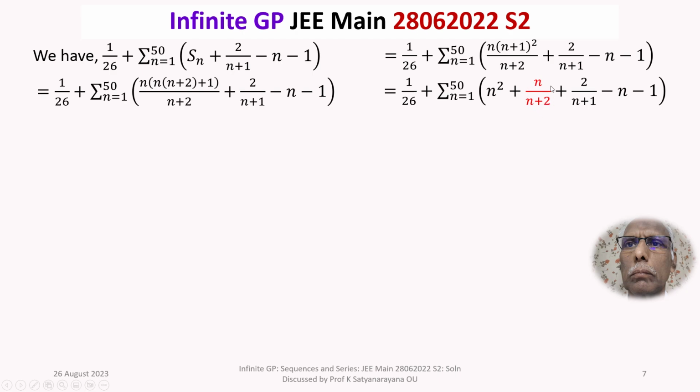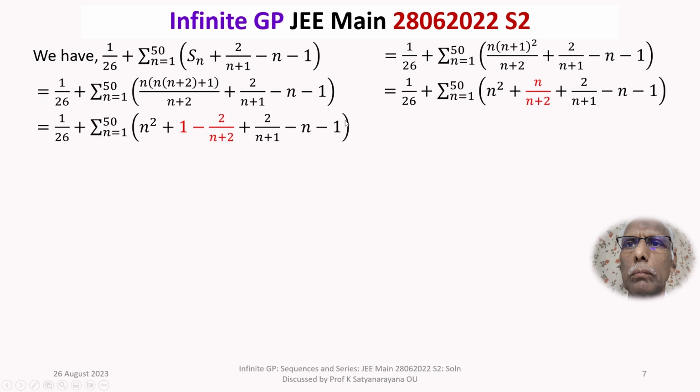And this red one, what we have written, can be written as (n plus 2 minus 2) by (n plus 2). (n plus 2) by (n plus 2) is 1, minus 2 by (n plus 2). So that red term can be written this way, 1 minus 2 by (n plus 2), the remaining terms as they are.